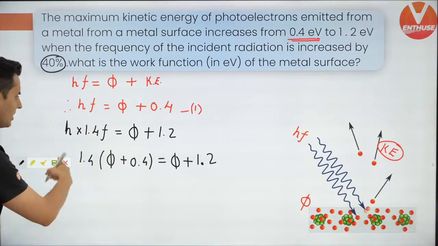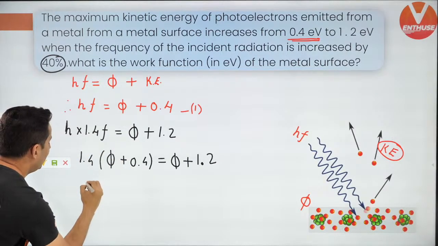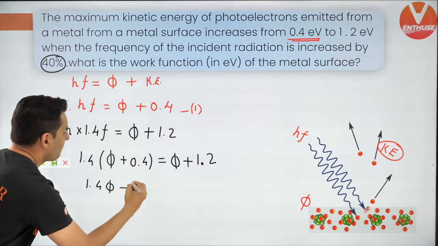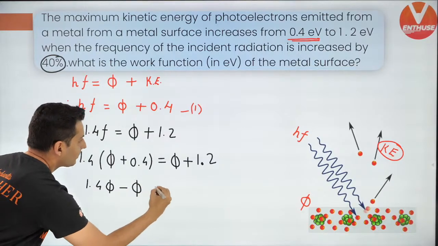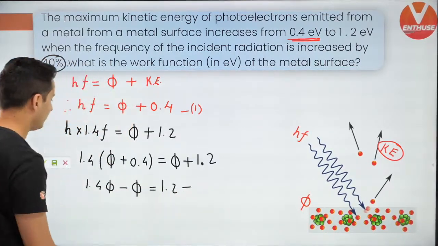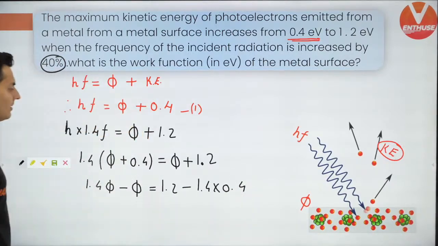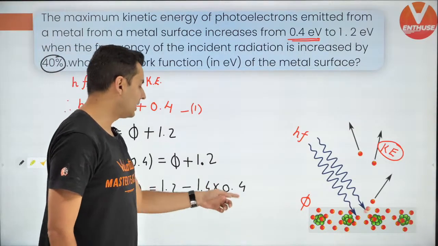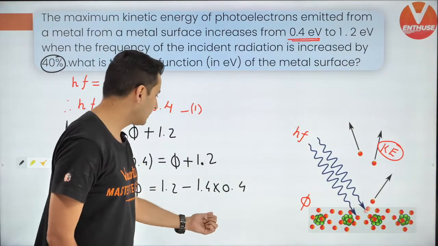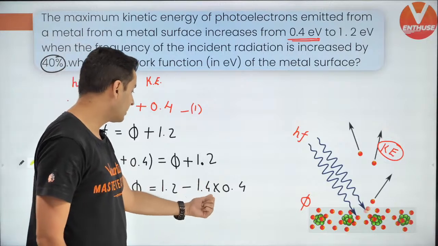Now here it comes. Rearrange: 1.4 phi minus phi is equal to 1.2 minus 1.4 multiplied by 0.4. Just check this out. I hope this is clear. Now 1.4 into 0.4 is 0.56.